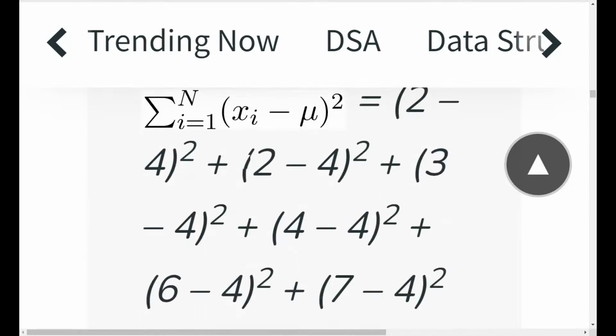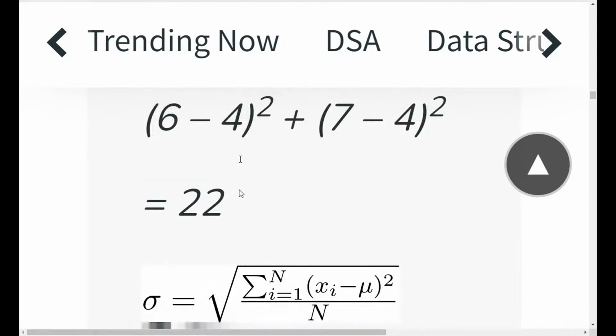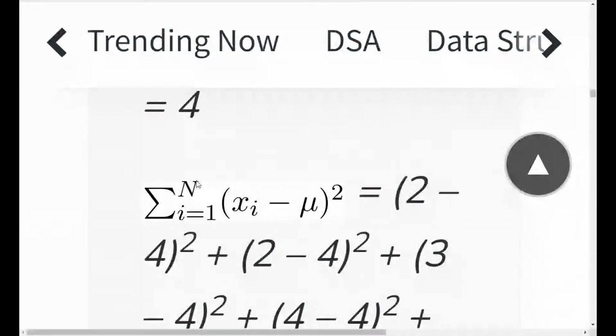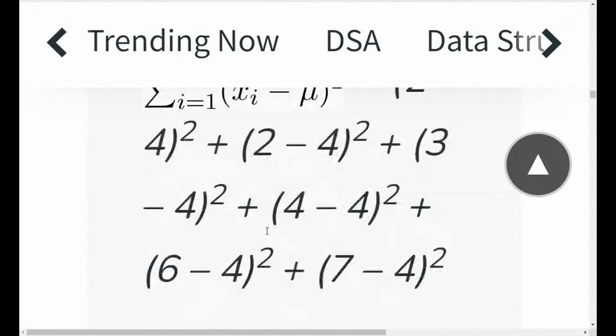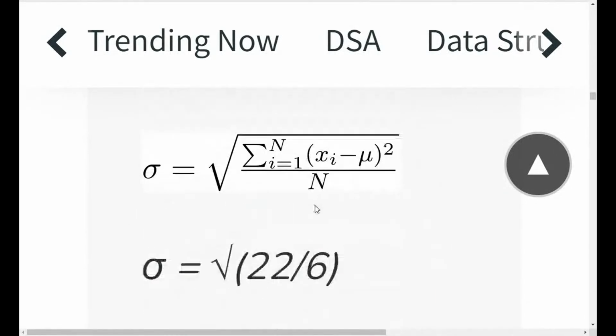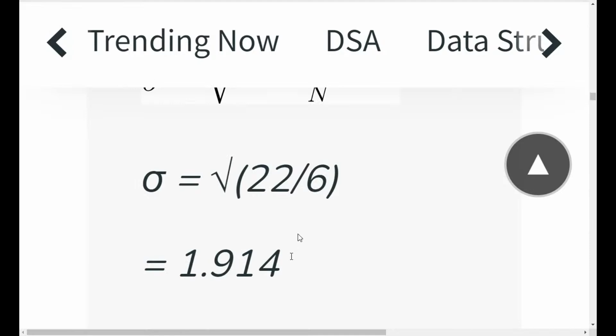So 22 you already got as the answer for the numerator, and you have to take n in the denominator and divide. 22 divided by 6 is 11 by 3. Square root of 11 by 3.